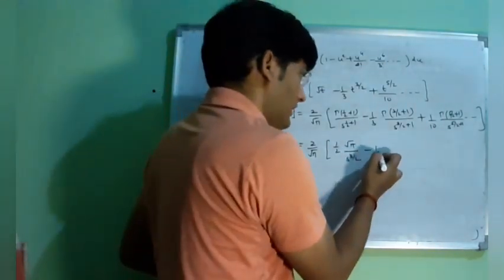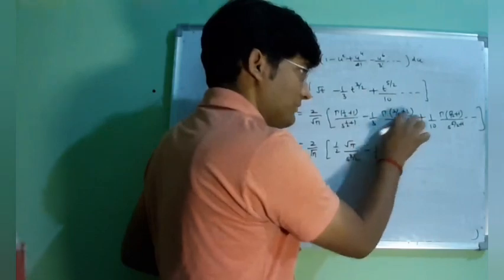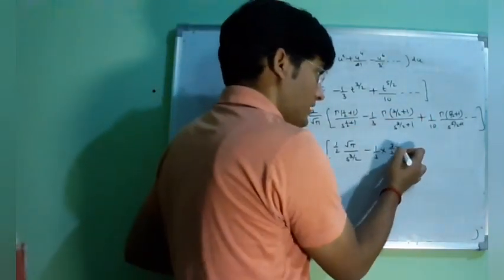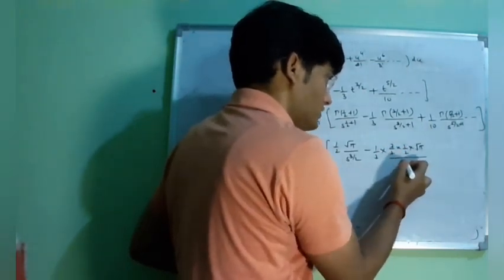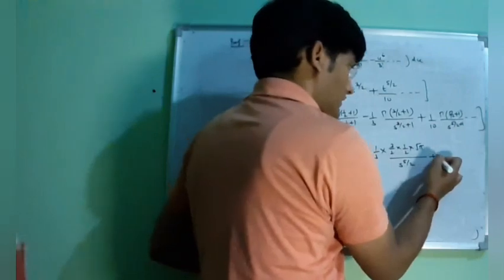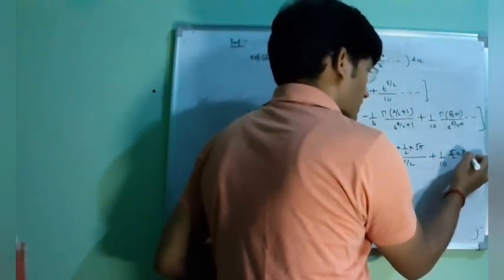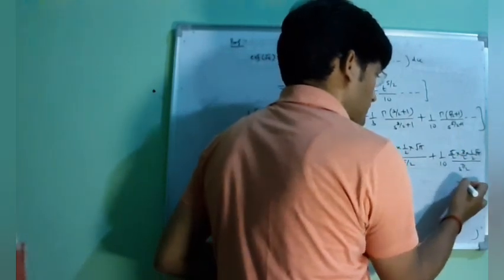Then at this place we will have 1 by 3, and gamma n plus 1 will be n gamma n, that means gamma 5 by 2 is 3 by 2 gamma 3 by 2. Gamma 3 by 2 is half root pi, and here we will have s to power 5 by 2. And again here we will have 5 by 2, then 3 by 2, then half root pi divided by s to power 7 by 2, and so on.